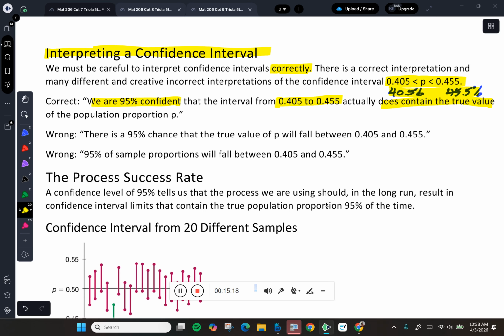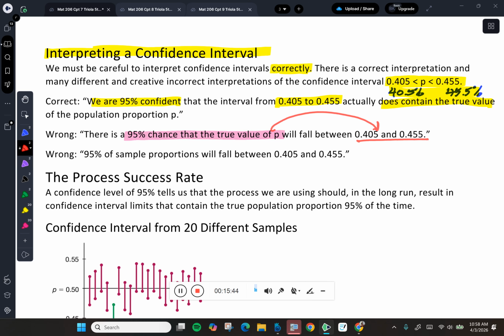An incorrect way is to say that there's a 95% chance that the true value of P falls between. Because this statement implies that our interval is fixed and then P is going to get put somewhere in the interval. And it's the other way around. P is fixed. We're putting our interval on the number line and we're saying, did we get it right?